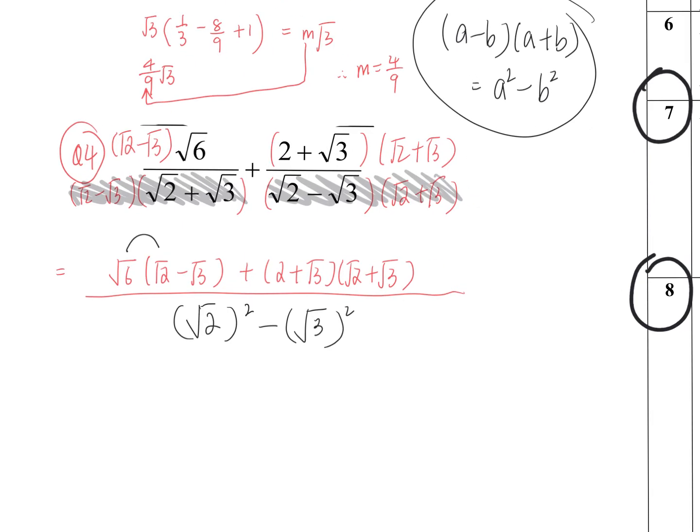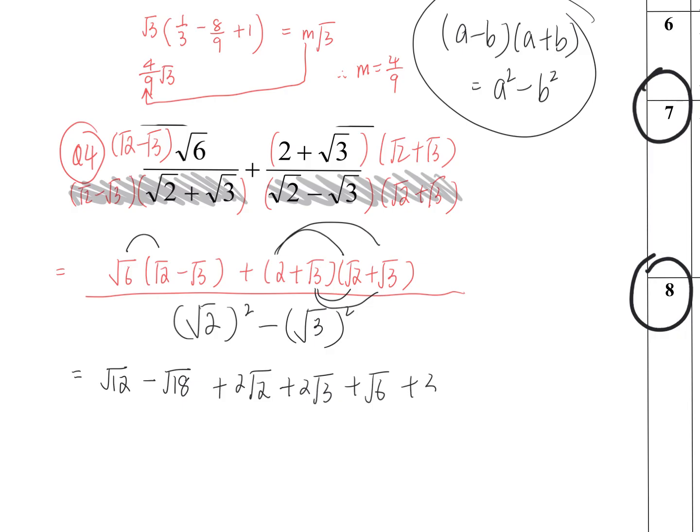So the numerator is root 12, root 18, 2 root 2, 2 root 3, root 6, and 3. At the bottom is 2 minus 3, which is negative 1.